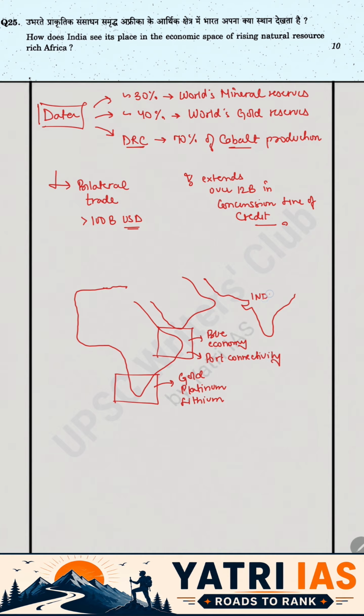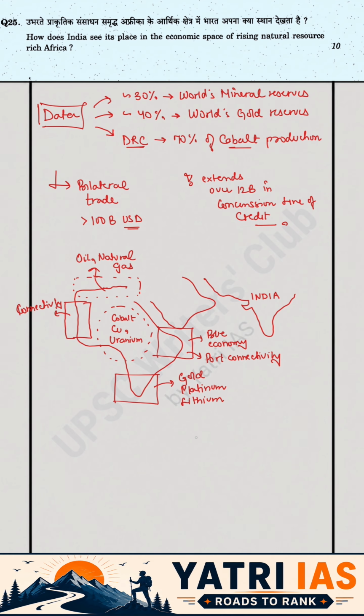Central Africa is very rich in minerals like cobalt, copper, uranium. You see the Western African region as a source of, again, connectivity and port-led development, and North Africa is very significant for oil, natural gas. So that is how you could indicate the importance of Africa as far as India is concerned.